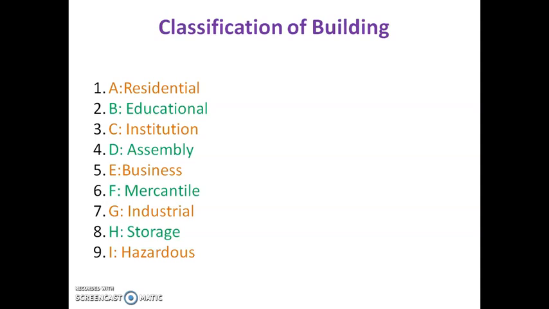Institutions means where health care is given to the people, for example healthcare centers, hospitals, mental asylums. Now assembly, where a number of people gather together for a particular purpose, for example church, temple.